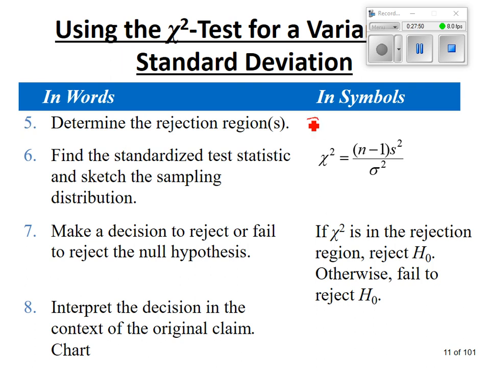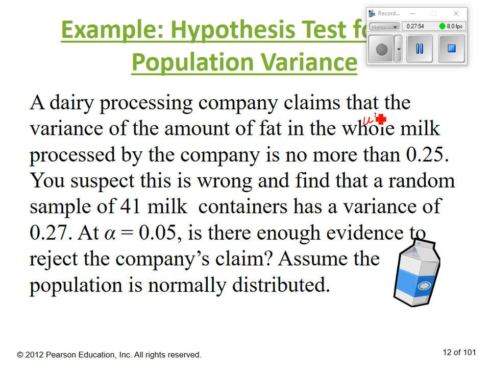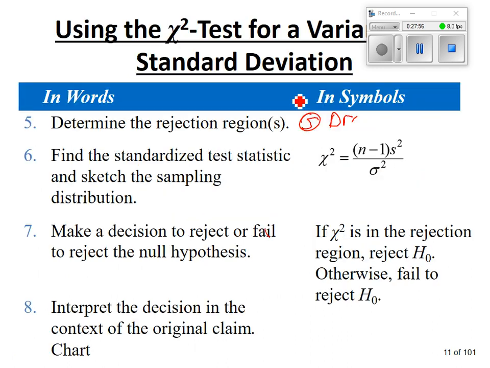Number 5, just drawing your picture. Number 6, you're finding your test statistics using that chart. Number 7, you decide whether to reject or fail to reject the null. And then number 8, you interpret it.